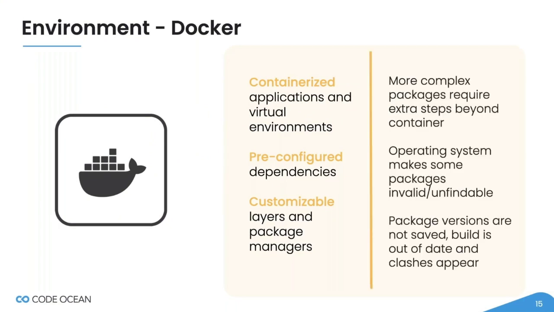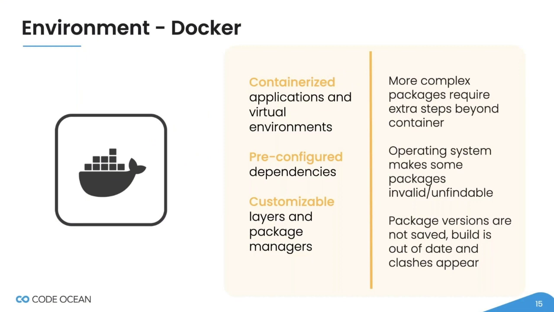Well, if an author publishes a Docker container, but there are some more complex packages that require extra steps beyond the container, installing those specific packages could be difficult or complex to understand, and that could cause some hindrance in actually running the full Docker container.